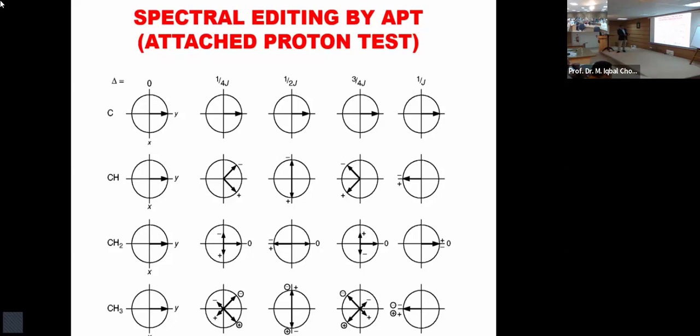So if you turn on the detector at this point and start recording the FID, this would be a negative phase, this would be a positive phase, negative phase, positive phase. The resulting frequency spectrum would have carbon and CH2 up and CH3 and CH down.